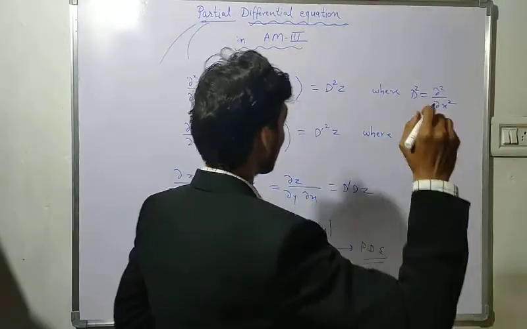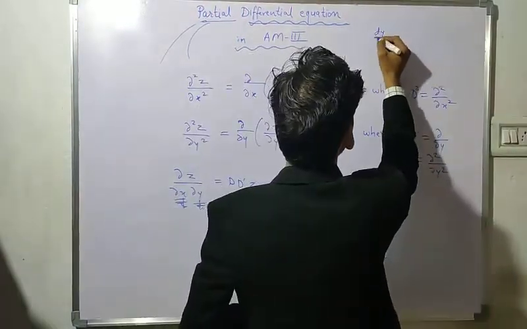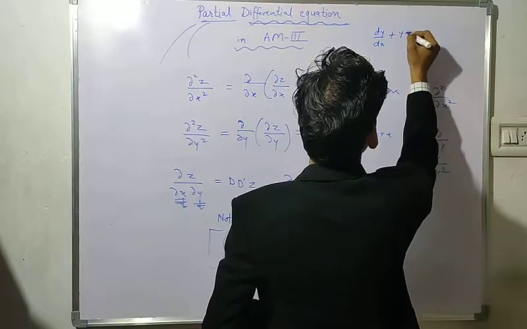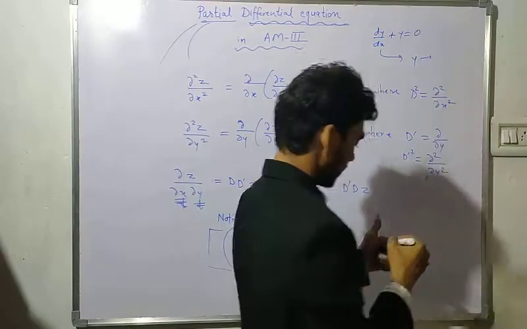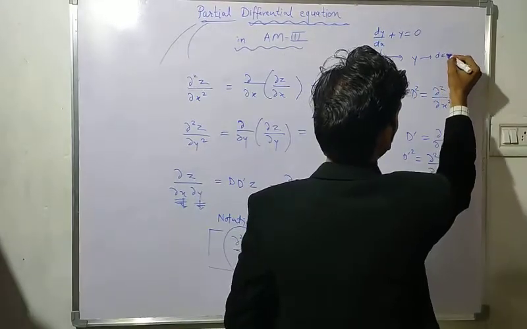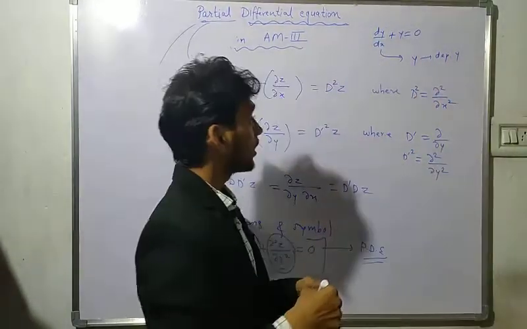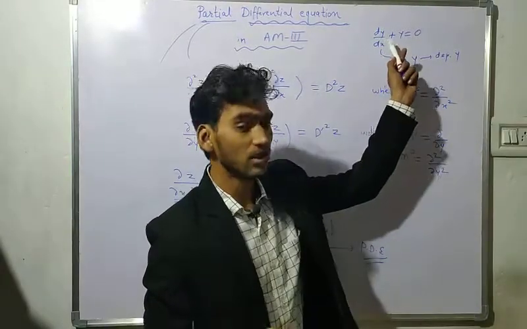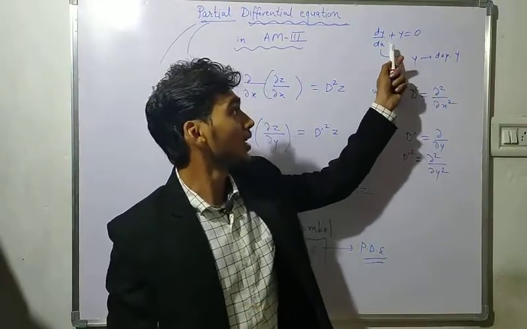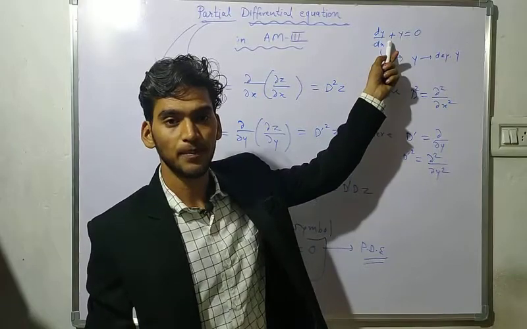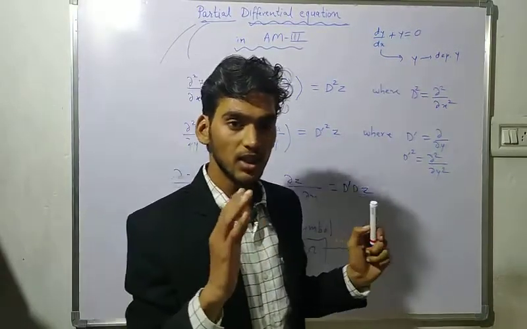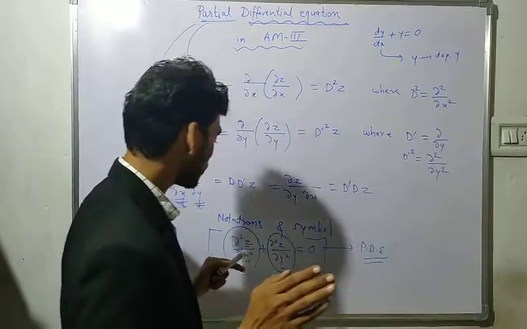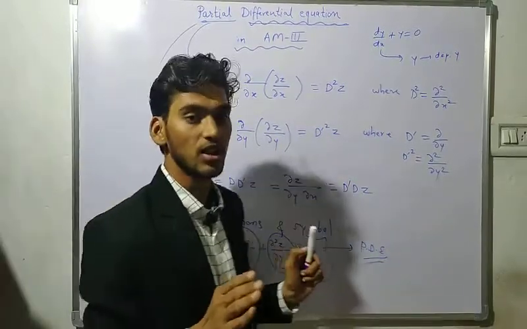Suppose dy by dx plus y equal to 0. We have to find the solution. The solution is the dependent variable y. If we have to solve the differential equation, then we have to find the value of y. The value of y is nothing but the solution. In the same way, we will find the solution of a partial differential equation.